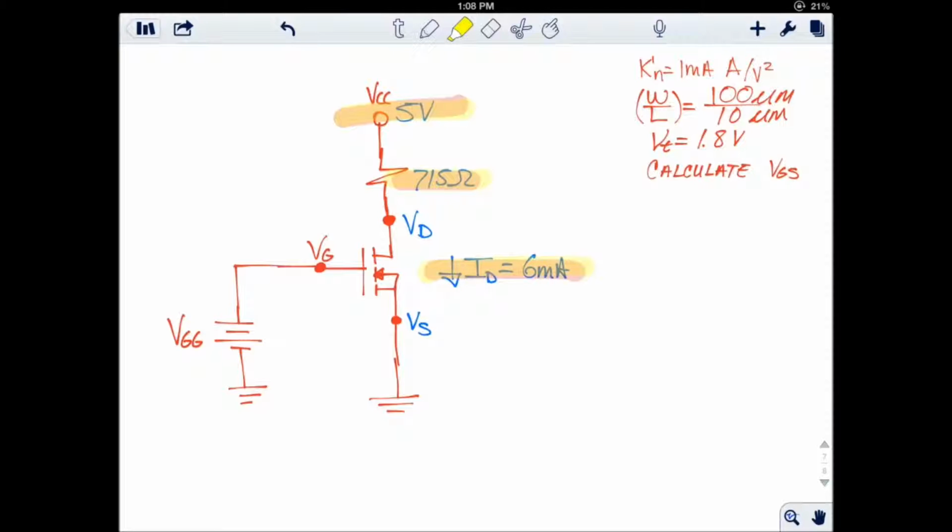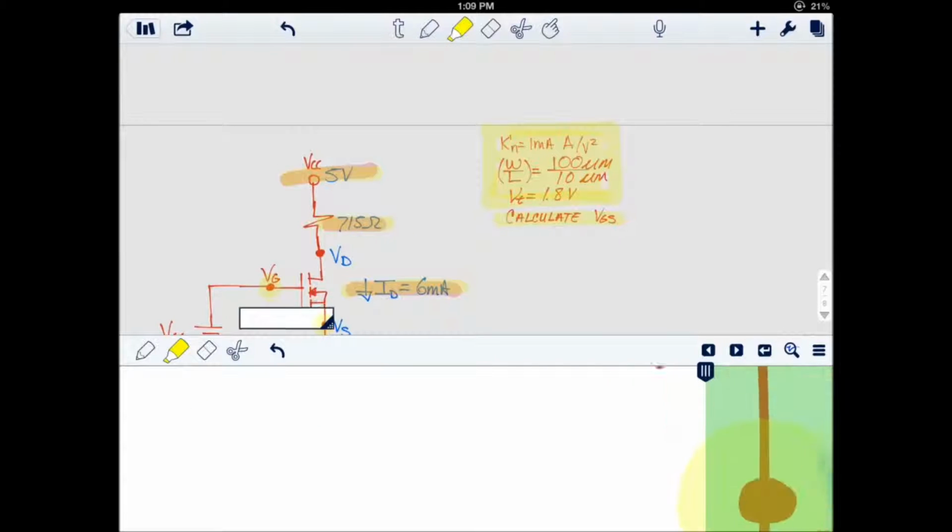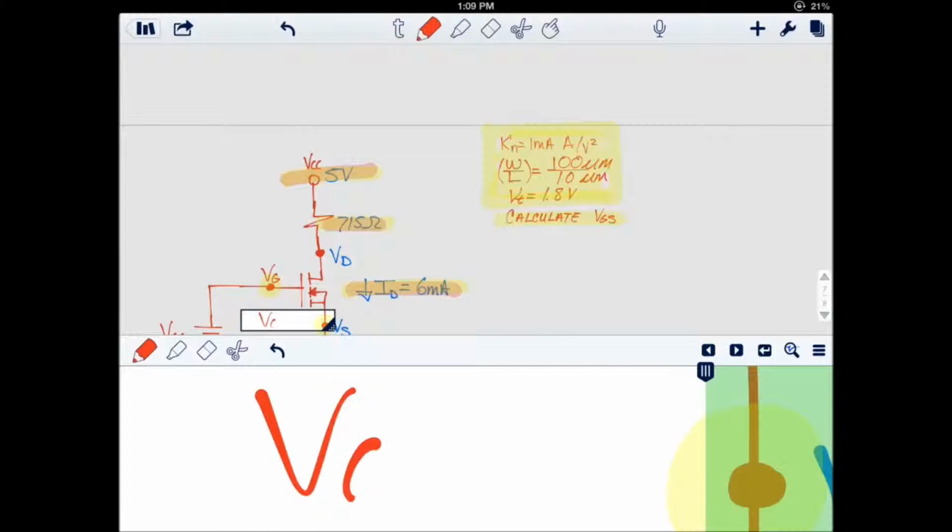We are also given the current that flows through the drain, and we're given these parameters here: the threshold, the width, the length, and so on. And we are asked to calculate the voltage from the gate to the source, this voltage here.